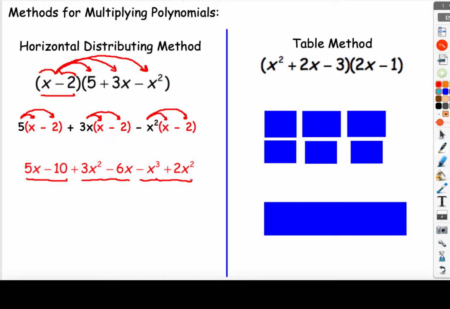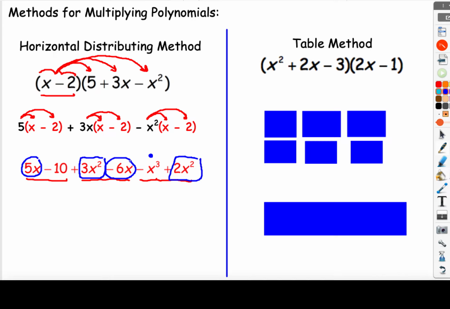Now we just need to add our like terms. So very simply, we'll take our x squareds and put them together. We should have 5x squared when we're done there. Don't forget to first list off our x cubed here, though. We do have a higher term there, so that one should go first. And then in the end, we also have a 5x and a -6x here, right?